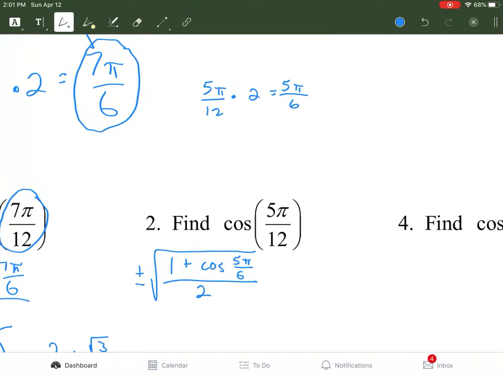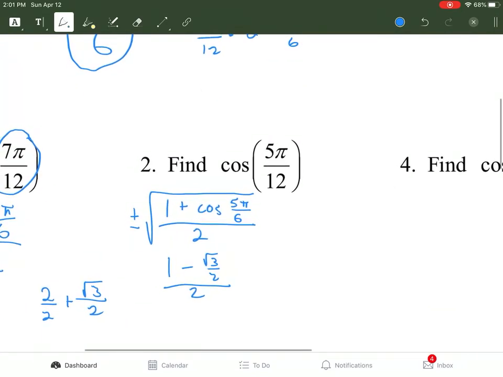Now we figure out what the cosine of 5 pi over 6 is. If we look at our unit circle, the cosine of 5 pi over 6 is negative root 3 over 2, all divided by 2, with a big square root on the whole thing, with a plus or minus in front of it.